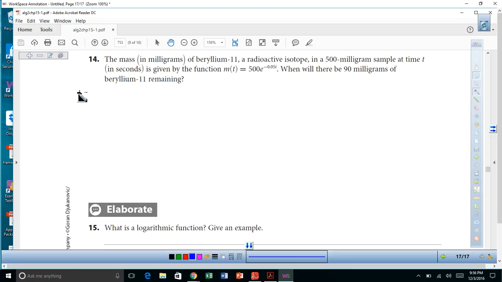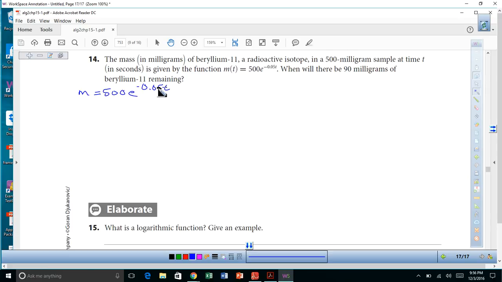Let's see here. m equals 500 e to the negative 0.05 t. We want to know what t is, so we need to solve for t.